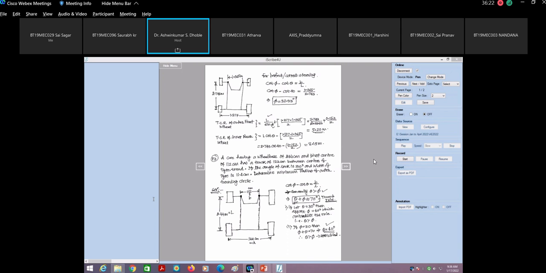In exceptional cases, it may be more than 70 degree, but theta will be always greater than phi. So based on this particular logic, in this particular problem, you take phi as 30. So whatever is given, you say that the phi has to be 30. In bracket also you write down that assume.